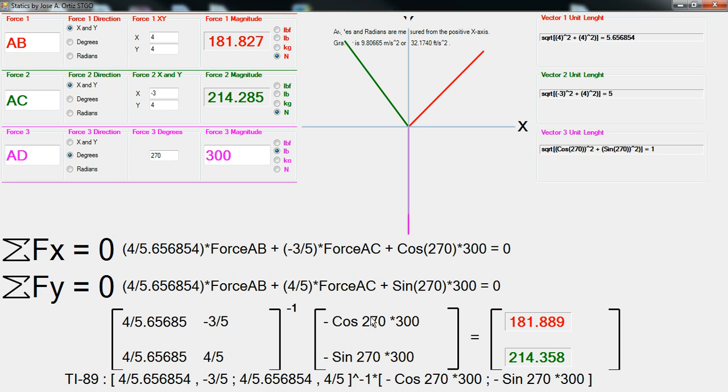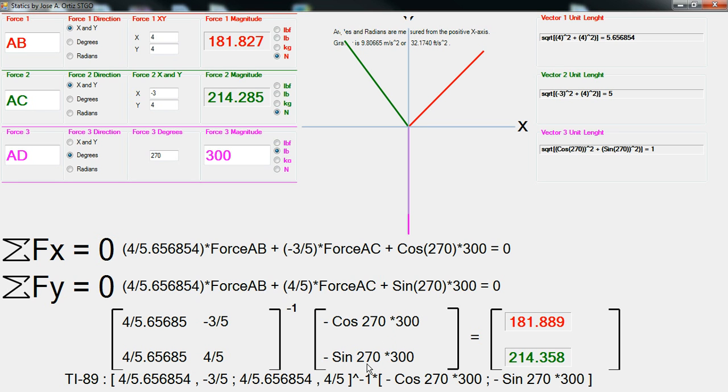And for the knowns, they're on this other matrix here. We can write them on the other side, and this is basically 0. Negative cosine of 270 times 300. This is going to be 0. And then the second equation here, 4 divided by 5.65 and 4/5, and the knowns are on the other matrix.